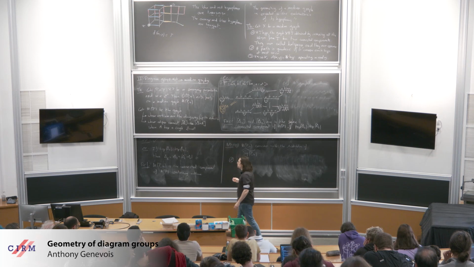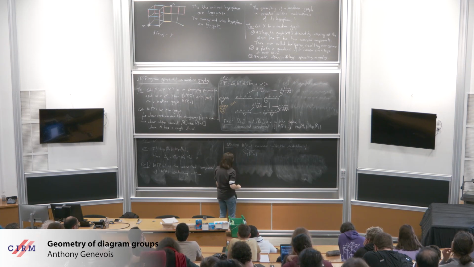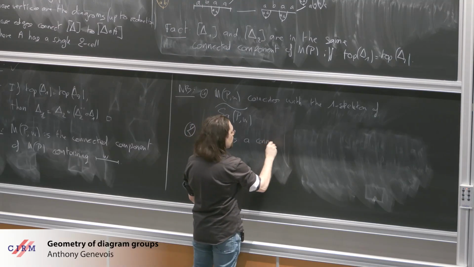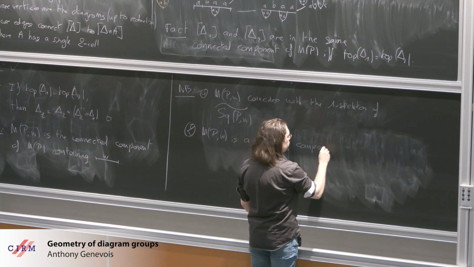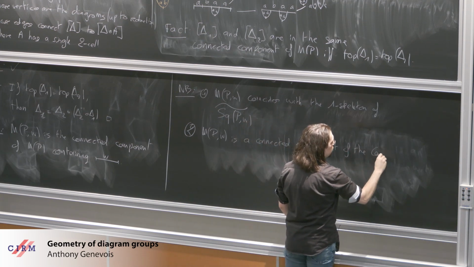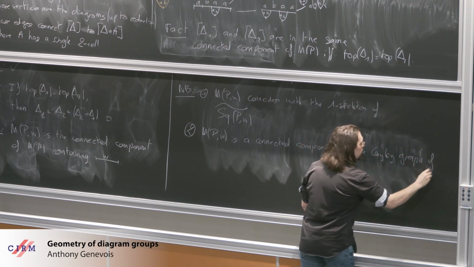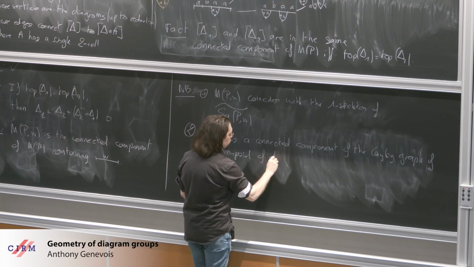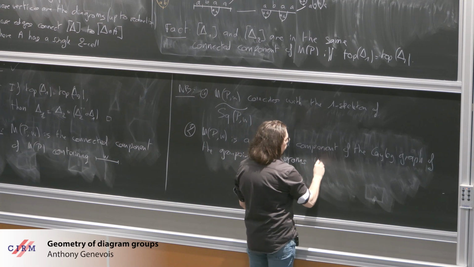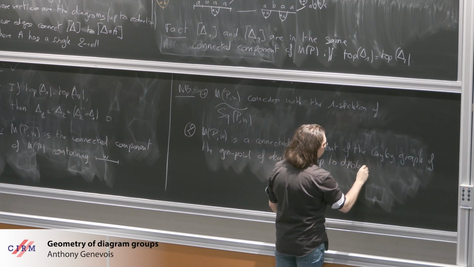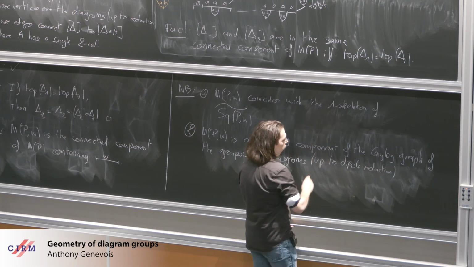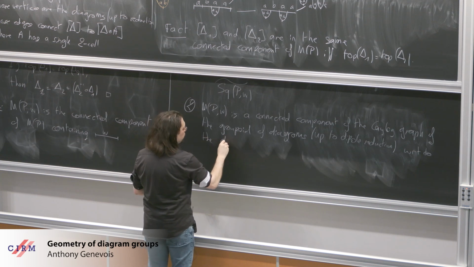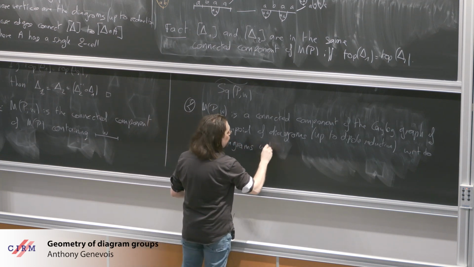And another one, which is essentially what I just said, but with some big words, is that MPW is a connected component of the Cayley graph of the groupoid of diagrams, up to dipole reduction always, with respect to some finite generating set, the diagrams with only one cell.